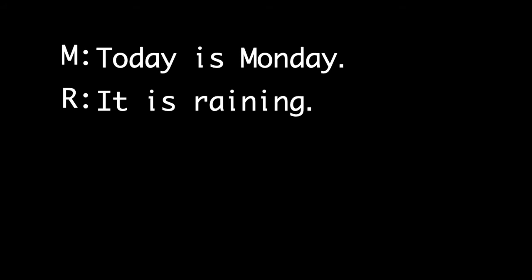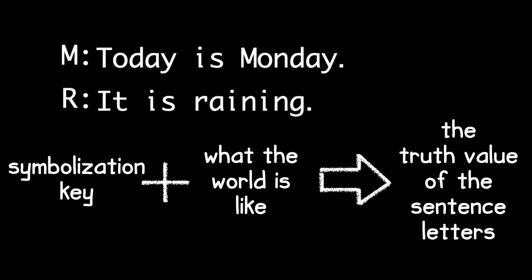I don't know what the weather will be like when you're watching the video. Is M true? That's something I can't tell you. So the symbolization key alone doesn't determine whether the sentence letters are true or false. It depends on the symbolization key, but it also depends in a broad sense on what the world is like. What day is it? What's the weather like where you are?